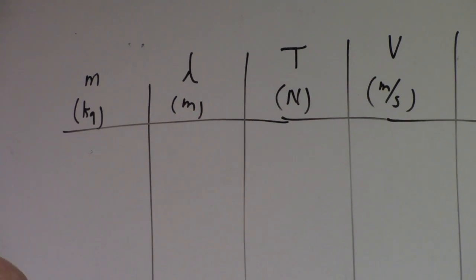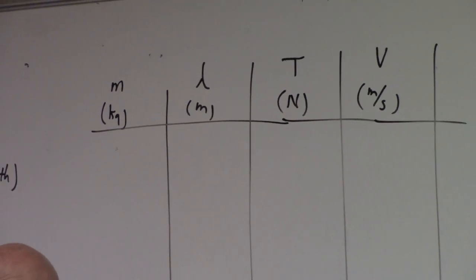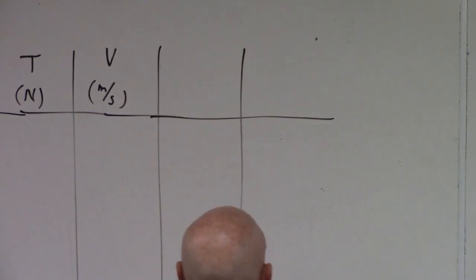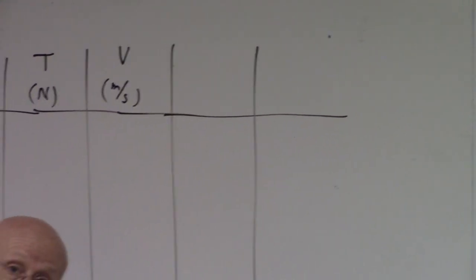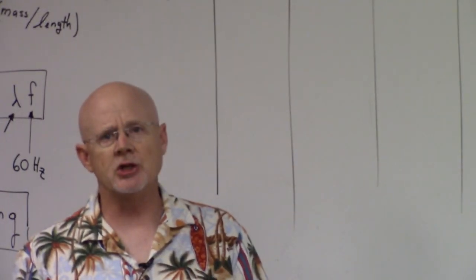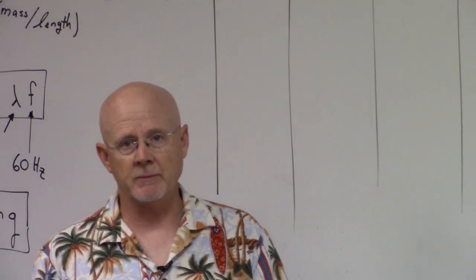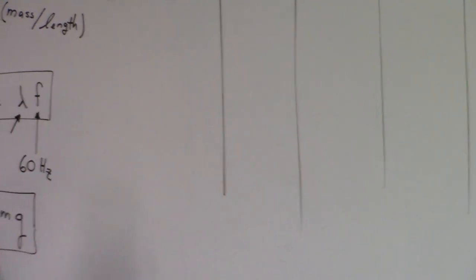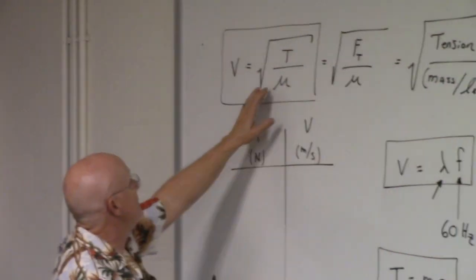Now, let me put two more columns up here, because this will tie in to the second question of the first lab. Remember that second question of the first lab said, what if you don't know the relationship between two things that you've measured? Now, I'll be very clear, we do know the relationship between tension and velocity.